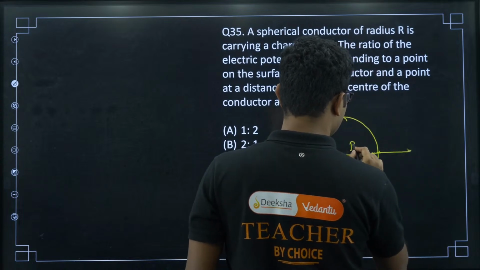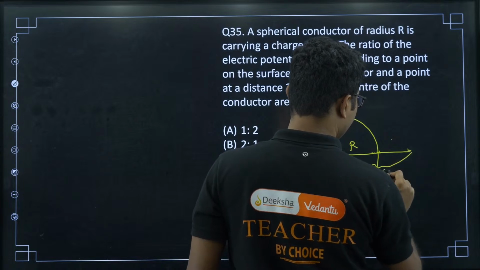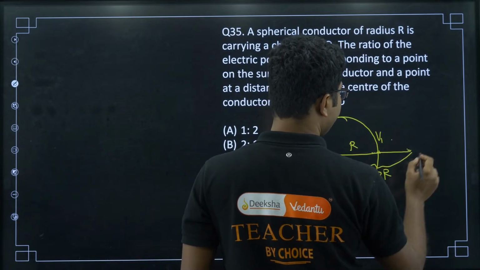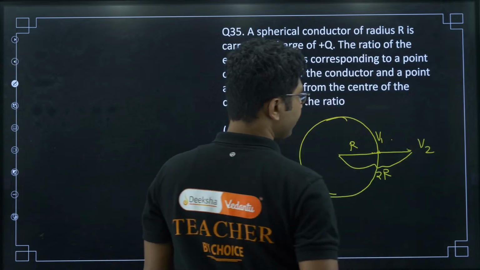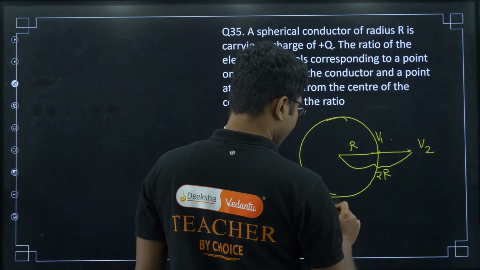So, this is r, and this distance is 2r. Say the potential on the surface is V1, potential here is V2. So, what is V1 is to V2?